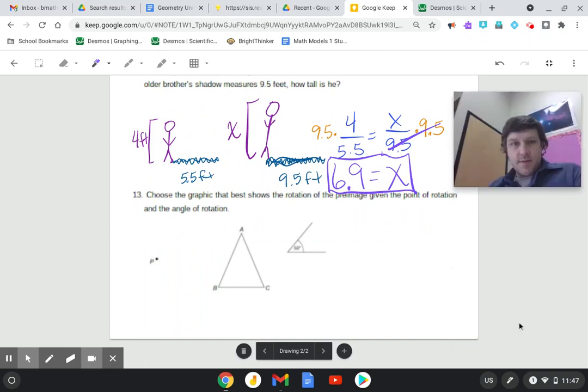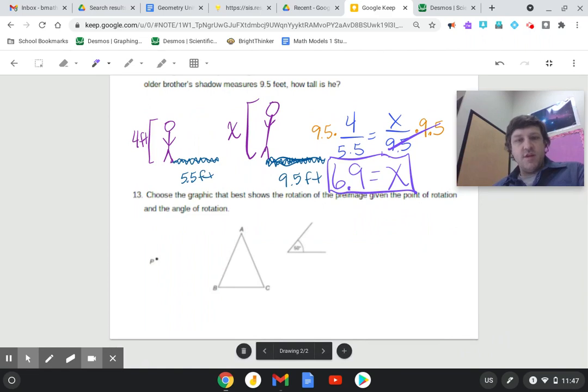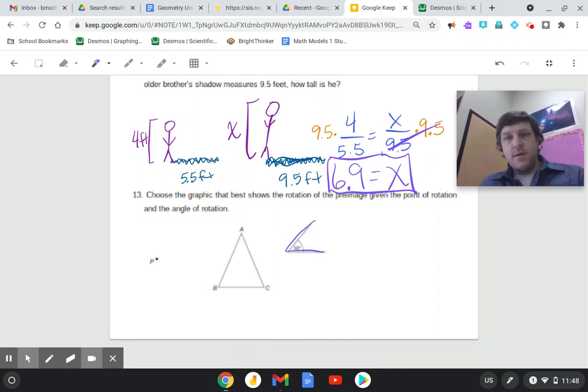Next problem, choose the graphic that best shows the rotation of the preimage given the point of rotation and the angle of rotation. Now this on the test is pretty simple. You don't have to draw this yourself on the test. You're going to choose from a set of options. A couple of things to note. First, you'll have the angle, like you see here, and notice that it's always going in that direction.